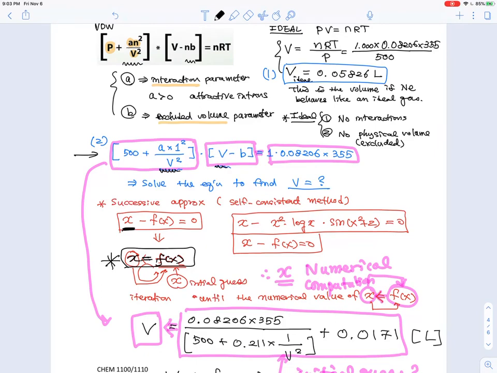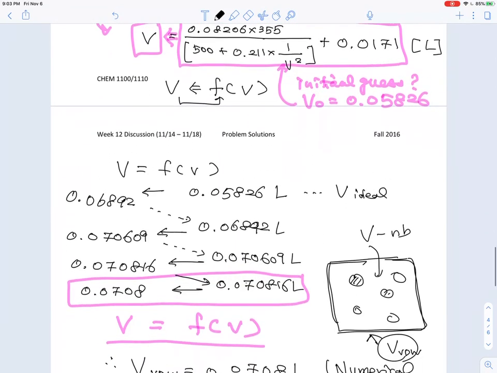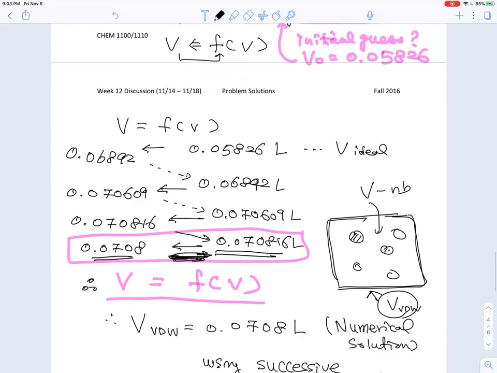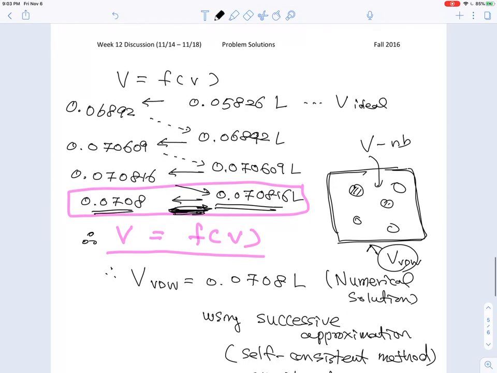It's very easy to do until you have a value where f(x) and x are the same. You keep on repeating, and finally we got this relationship coming true. So the van der Waals gas has a bigger volume because it accounts for the actual physical volume in addition to the void volume that is used as if they were in the ideal gas volume.